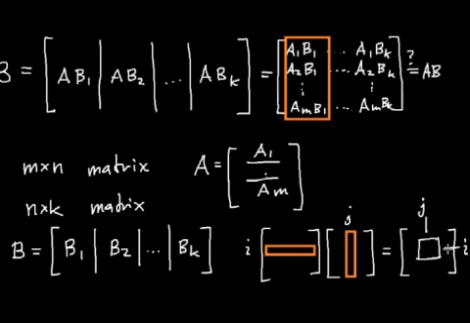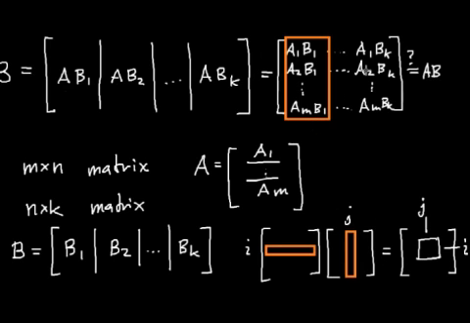Each entry at ij position was the ith row of A multiplied by the jth column of B. And so by the same principle, A times B1 is going to be a column consisting of A1 B1, A2 B1, and so on up to AM B1.